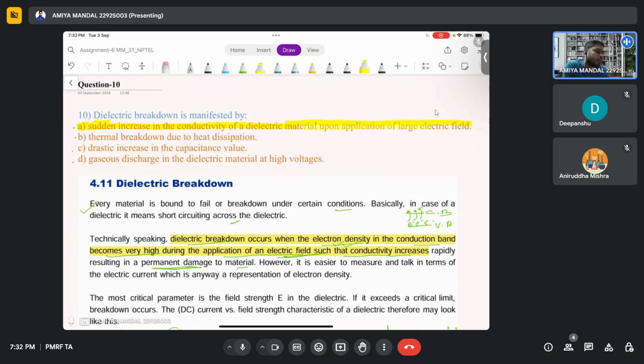Okay, this is also called dielectric breakdown. Thermal breakdown due to heat dissipation is also a term. Thermal breakdown is also considered a dielectric breakdown process. And the gaseous discharge in the dielectric material at high voltages.